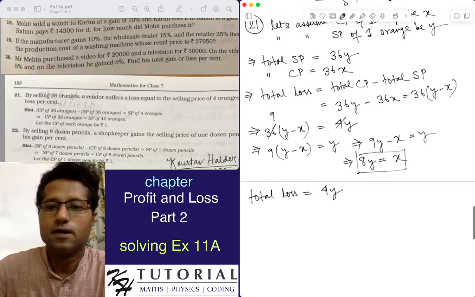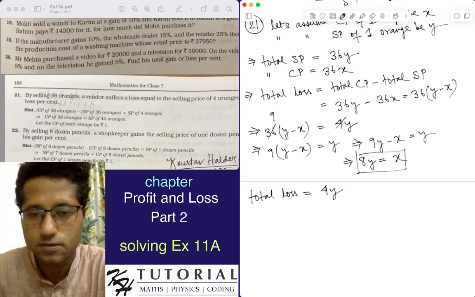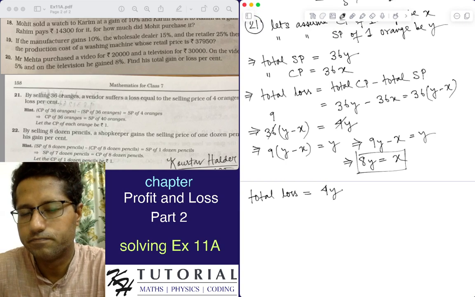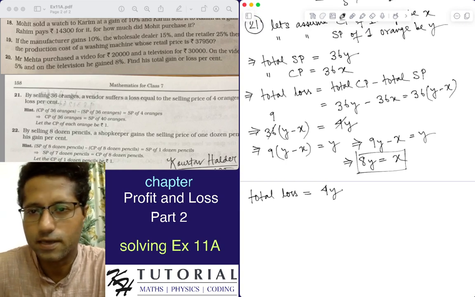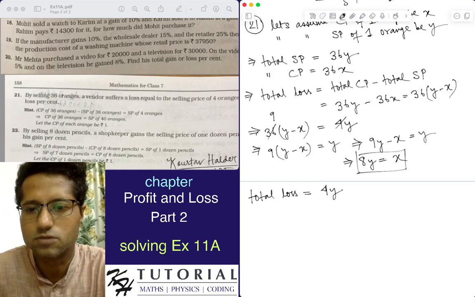Now we have to find the percentage of this total loss based on the total cost price. So the loss percent or gain percent is always based on the cost price.